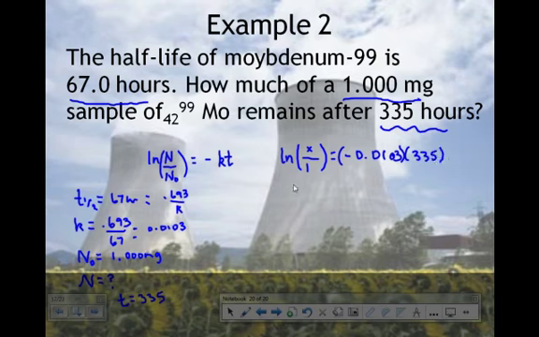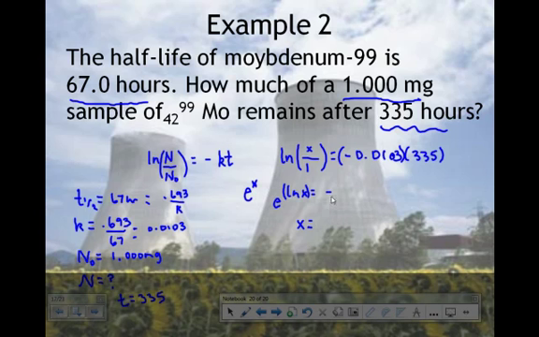So I have the natural log of x is equal to negative... Oh, yeah, I didn't do this math. How do we undo the natural log? We have to use the inverse. e to the natural log of x just gives us x. e to the x is the inverse of natural log, just as division is the inverse of multiplication.